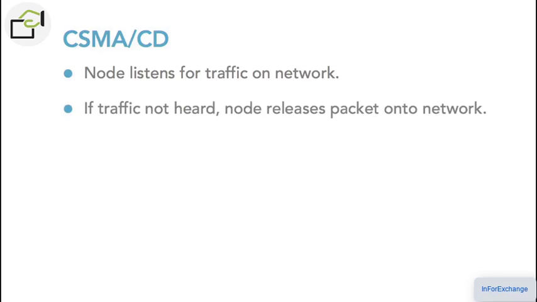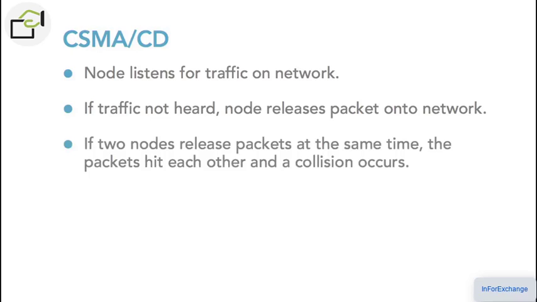Let's go ahead and look at the CSMA/CD contention method first. In the CSMA/CD contention method, basically what happens is each node or computer on the network listens for traffic going by on the network. If it doesn't hear any traffic, then the node releases a packet on the network. However, if two nodes were listening to the network at the same time and neither one of them hears any traffic on the network, they'll both release their packets at the same time.